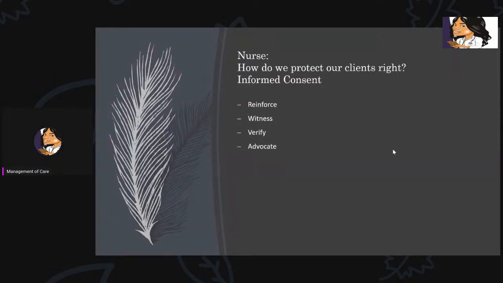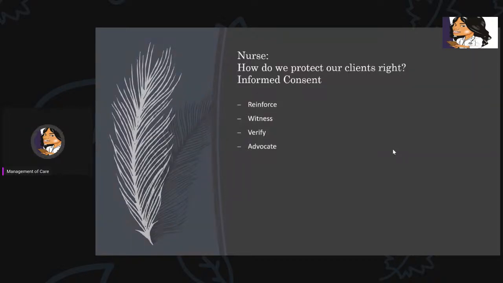We reinforce, we witness, we verify, and we advocate. It's up to the doctor to go in and explain the procedure to the patient. I can reinforce some teachings, but I'm not supposed to go into the room and explain an entire procedure. If I have to explain it, the patient doesn't know. The physician needs to come back, and I want you guys to make sure you remember this.